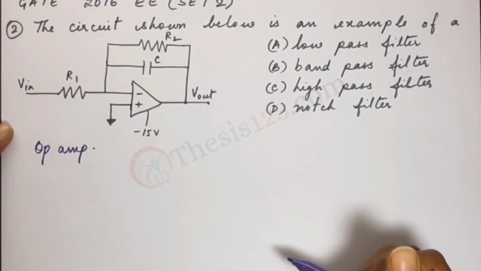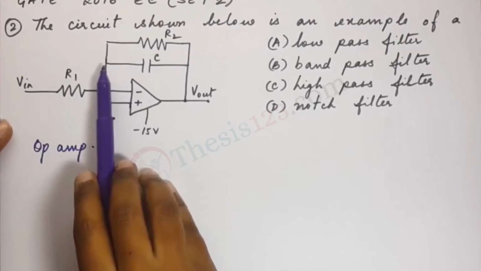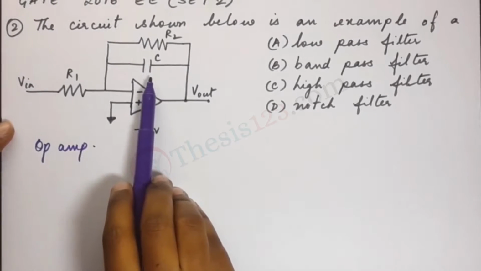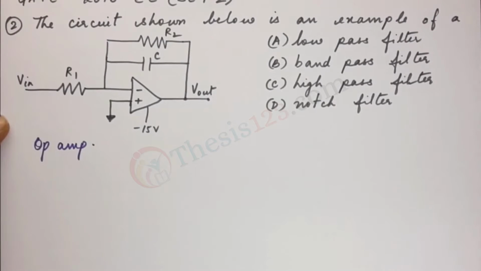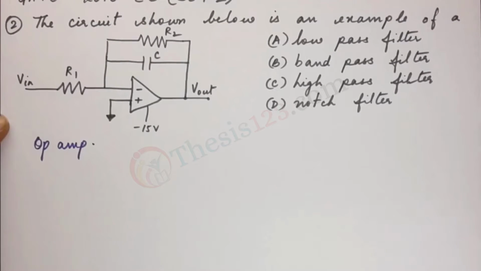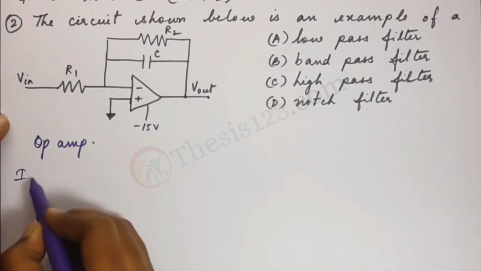So we have an op-amp here, and we notice that there is a feedback path, and the feedback path has a capacitor in it. So that should give you a clue, because an ideal integrator has a feedback path with a capacitor in it. So I'll write that down.